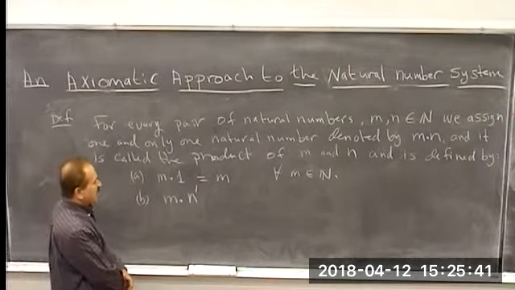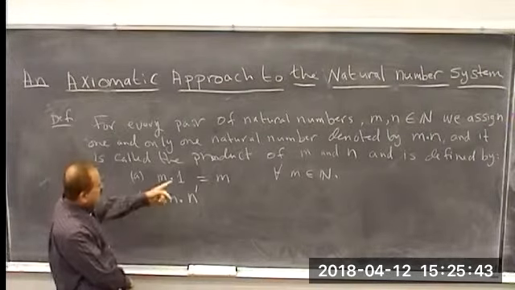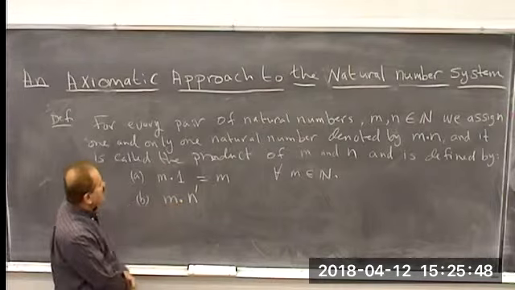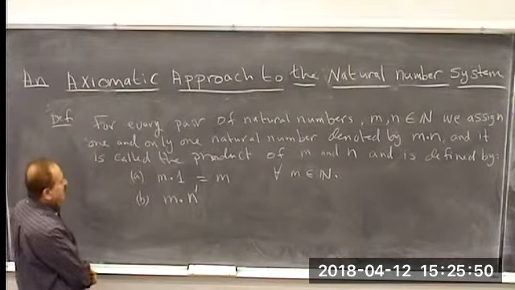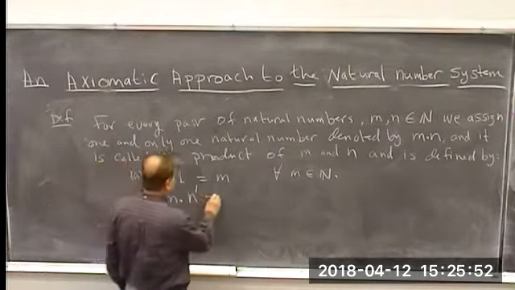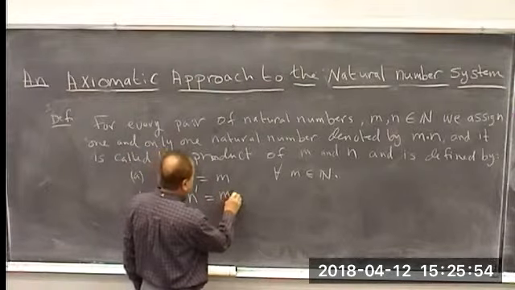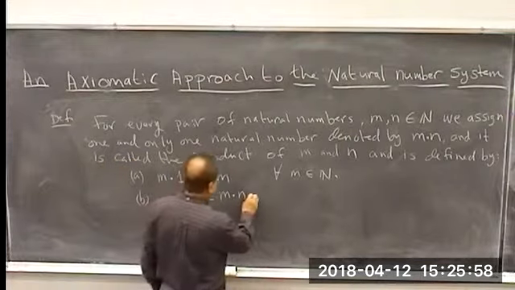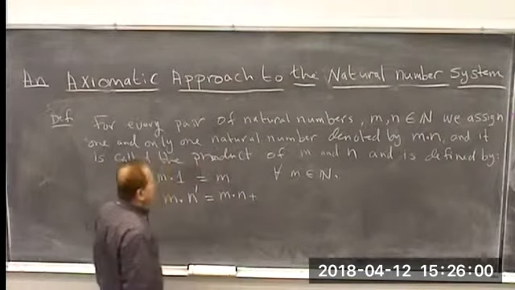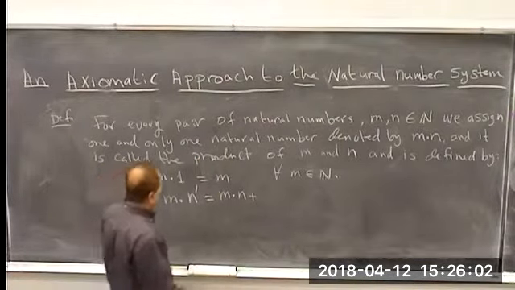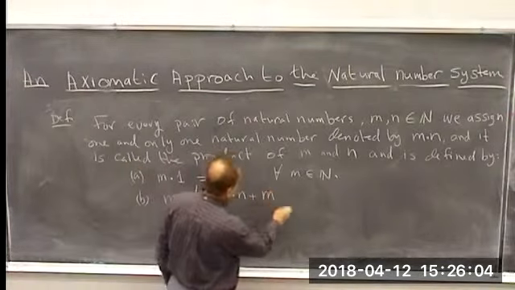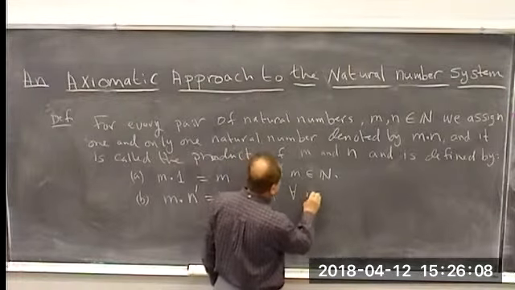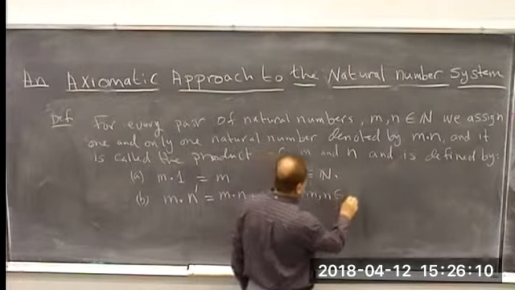And remember that every natural number is either 1 or a successor of 1. So we have this one being a natural number. And we define this to be m multiplied by n plus, actually, m. And this is for every m and n.